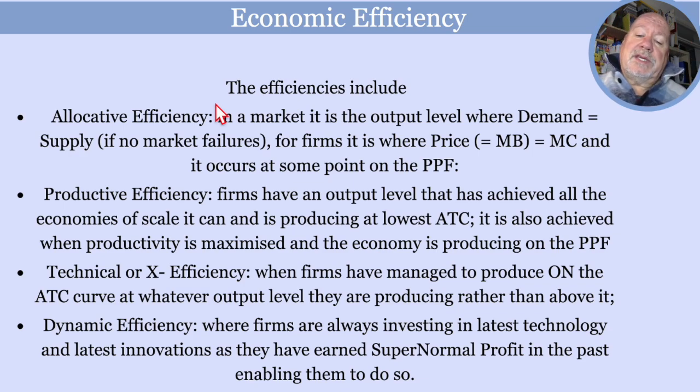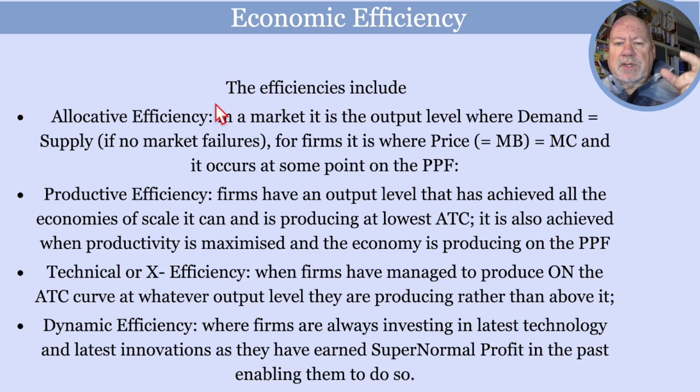Okay, technical and X inefficiency is where firms are producing on the average total cost. In other words, at some level of output, whatever level of output it is, you are on the ATC curve, rather than producing above it, and I'll show you what we mean by that in a minute.